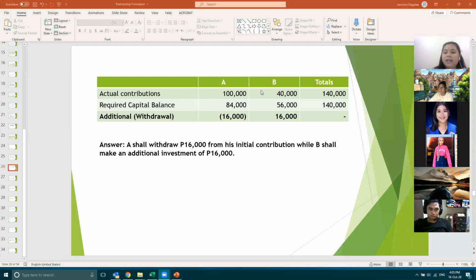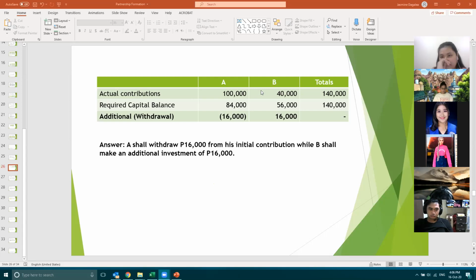Bibigyan ko kayo ng assignments para magkaroon kayo ng class standing na component sa grades nyo. Sa first quarter talaga, ginawa kong 100% yung attendance nyo. Kung nakita nyo dun sa breakdown ng grades nyo. Di ba 100% yung nilagay ko?